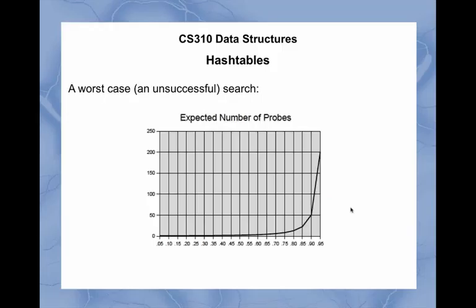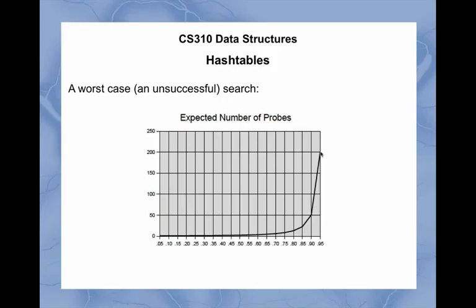So here's a graph of what happens with the number of probes, or the search times, as the table becomes more and more full as the load factor lambda increases. At this point here at 70%, the table is 70% full. From this point on, the number of probes goes up dramatically. In the case of a 95% full table, we have 200 or so probes that are expected.